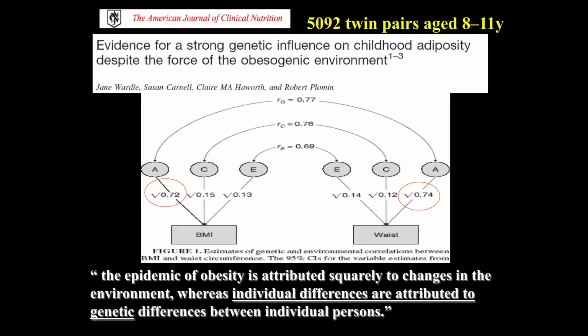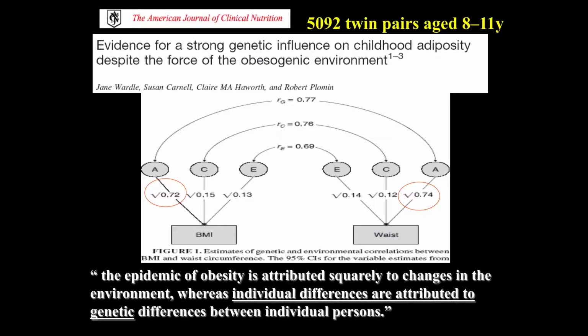I would like you to read the conclusion of a paper which I think is quite important, saying that, of course, the epidemic obesity is due to the change of our environment, but the individual differences between children can be attributed to genetic difference between these children.